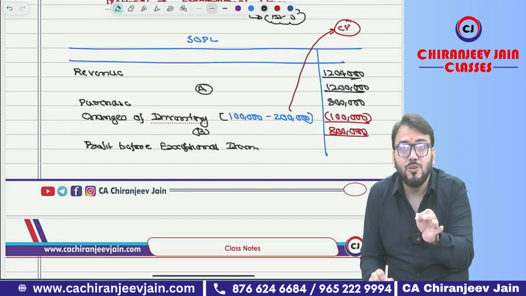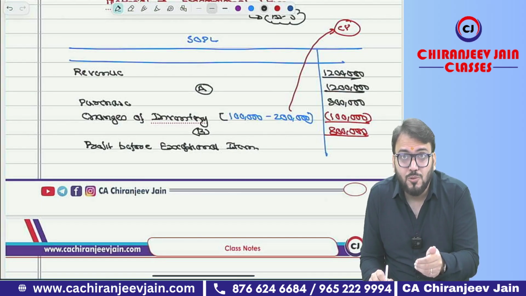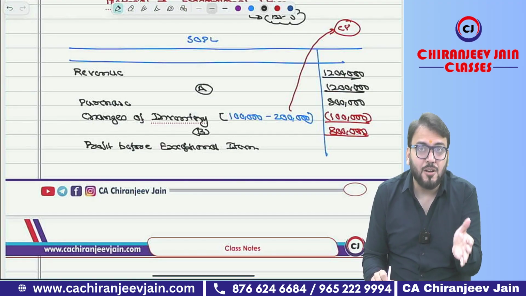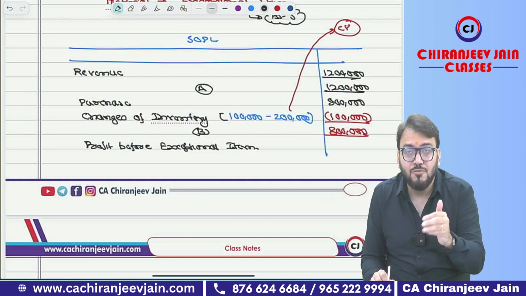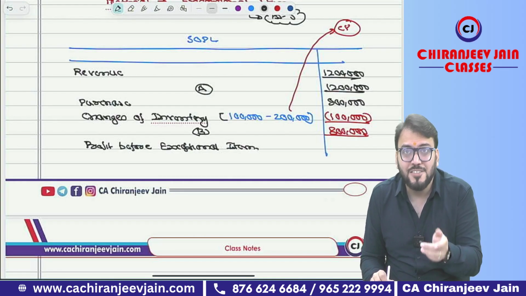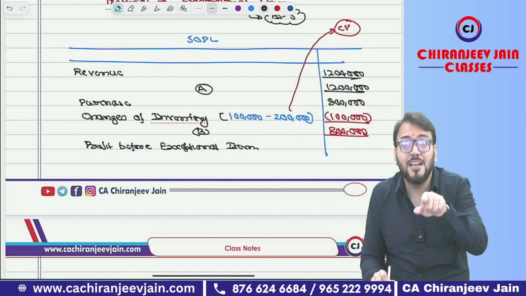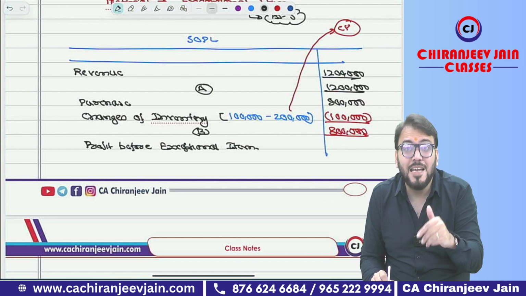I am just giving you one way of presentation, why we are using accounting standard. Because once you know AS, you know how to prepare and present financial statement. We as chartered accountants are not here for only journal entry. We are not here for ledger account. We are not here only for preparing balance sheet. We are here to understand how to present balance sheet and SOPs so that user will get reliable information to make their decision.